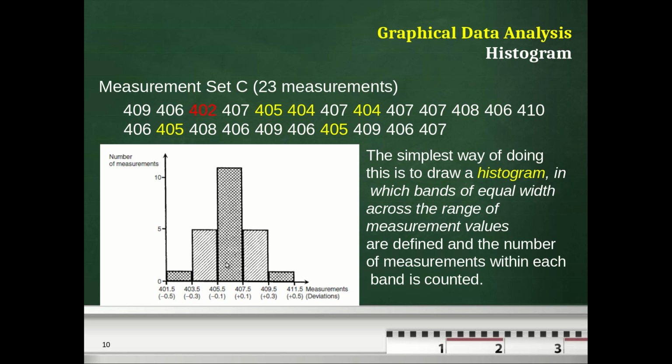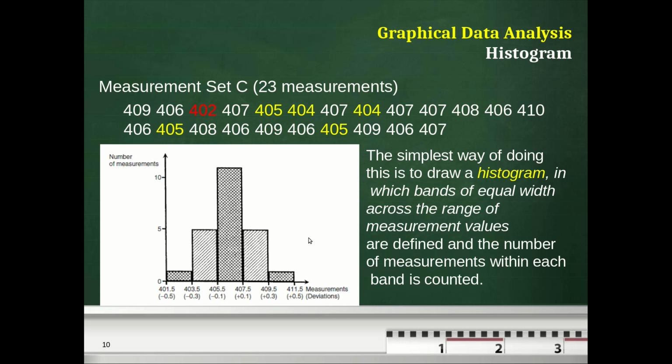We call it a histogram, to see the distribution of the measurements around the correct value that you take the measurements over.